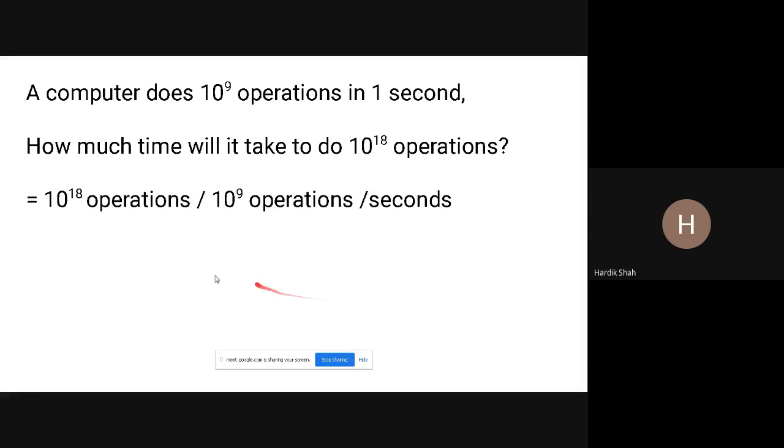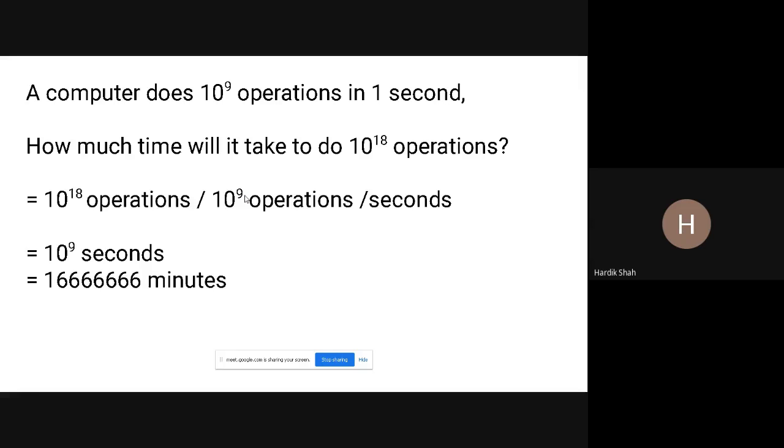This is basic cross multiplication that we learned in maths in school, right? So that is 10 to the power 18 operations divided by 10 to the power 9 operations a second. So that is 10 to the power 9 seconds.